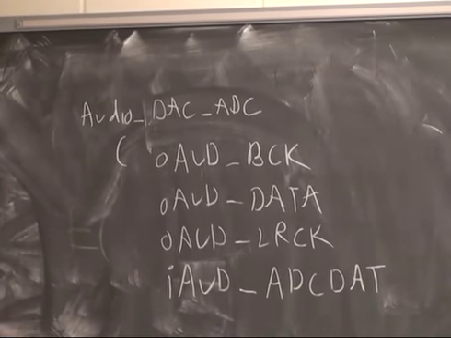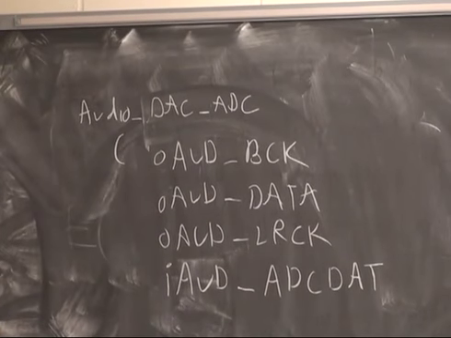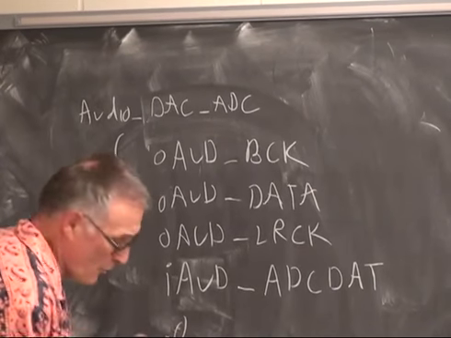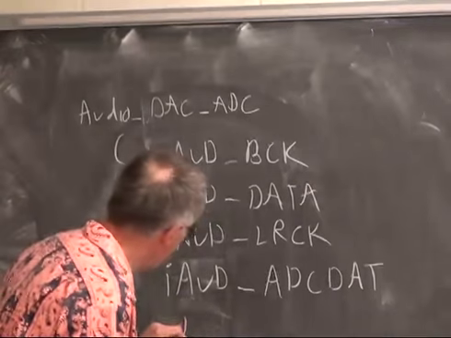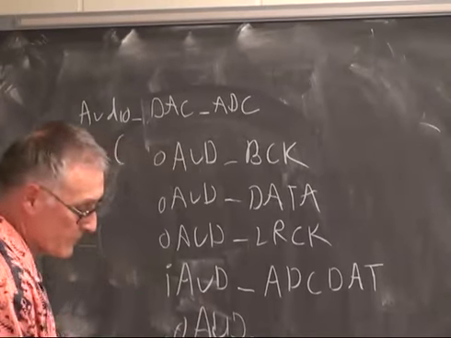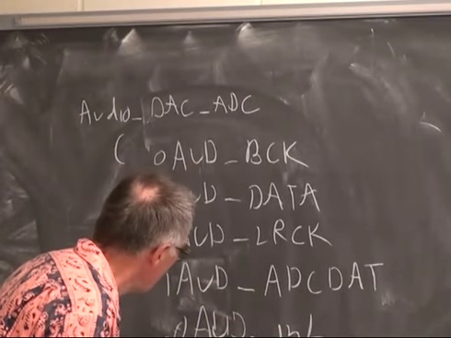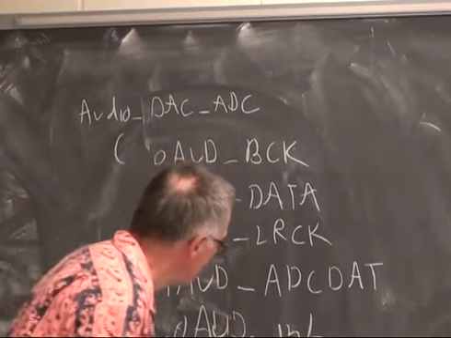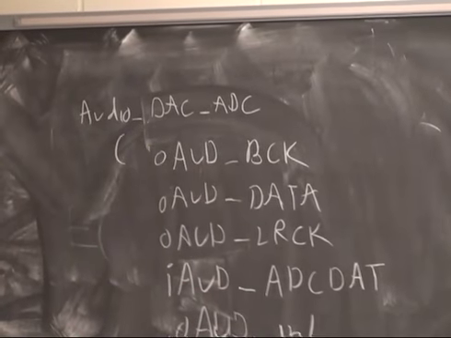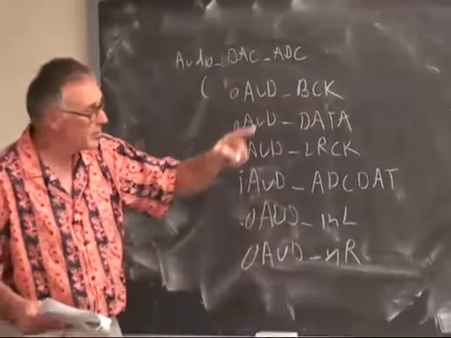There are 2 inputs and 2 outputs that your code is going to have to manipulate. Output AUD in left and output AUD in right. It's an output from the standpoint of the audio codec.